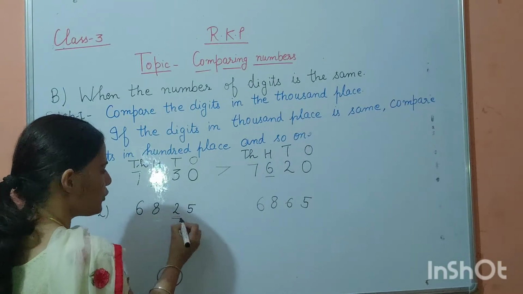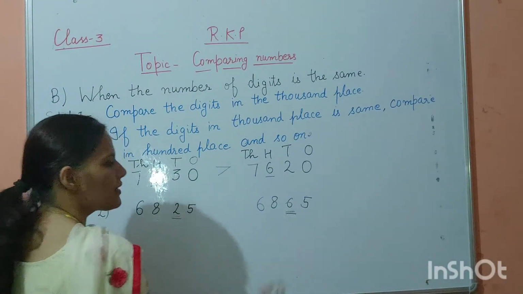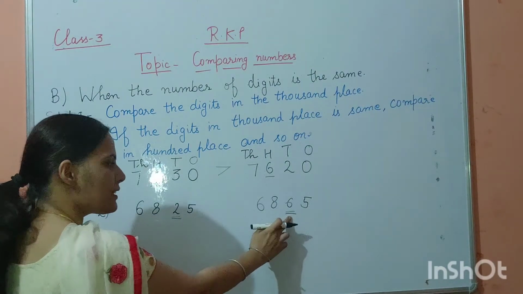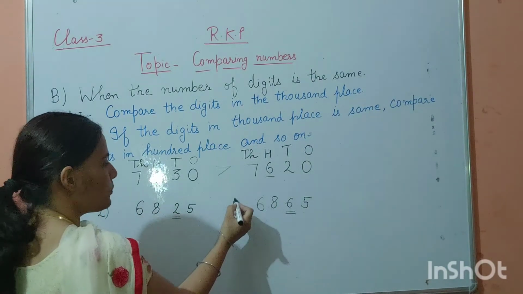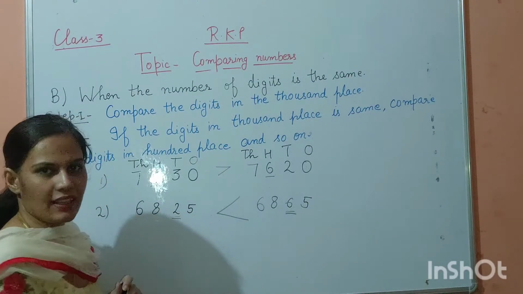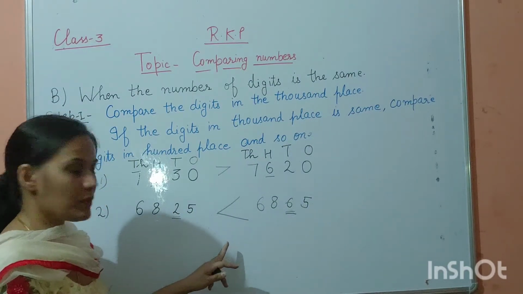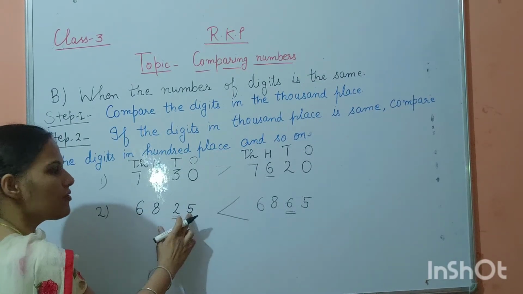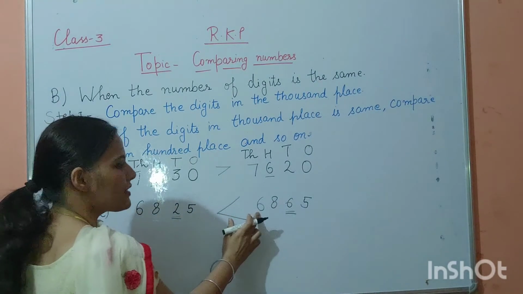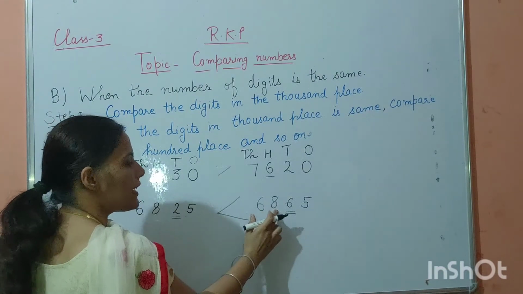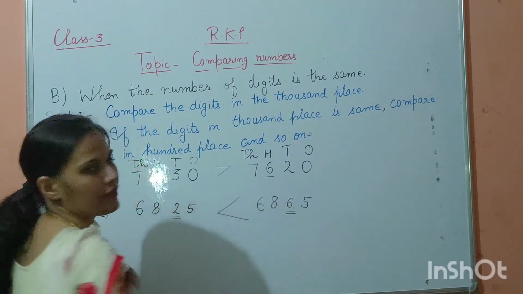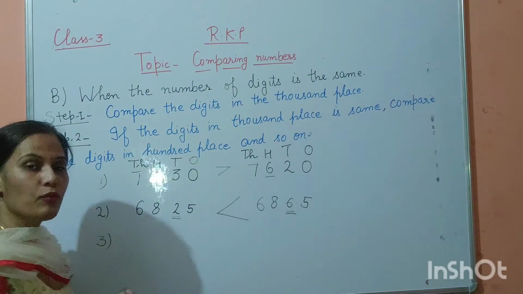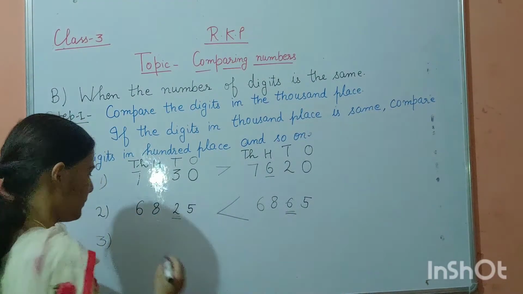The tens place is 2 and this tens place is 6. Then this is your greater number, so put a less than sign here. This is the less than sign, means you can say 6825 is less than 6865.